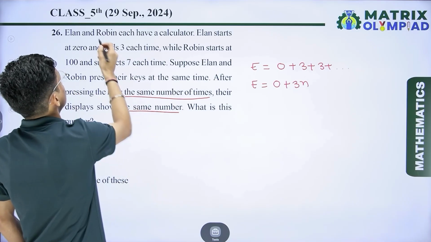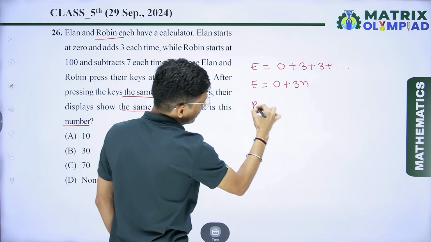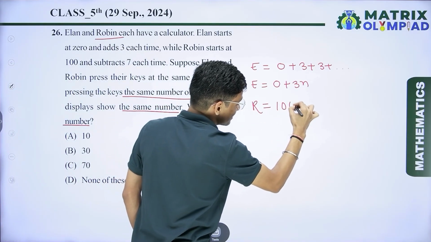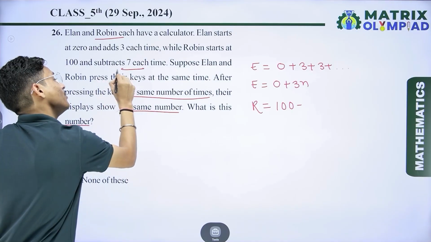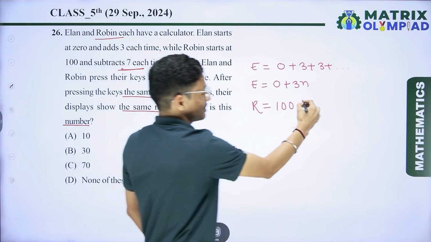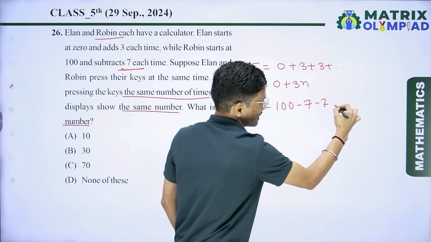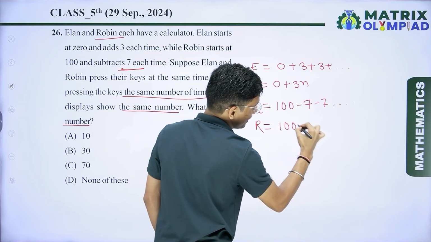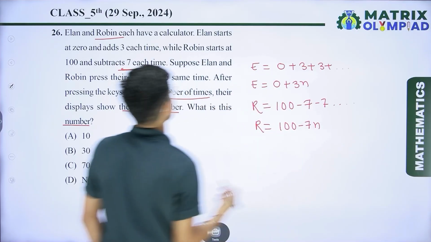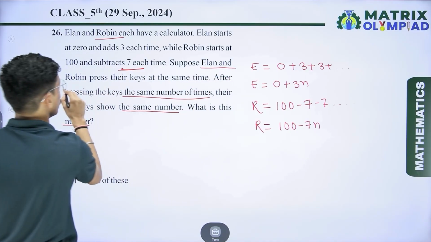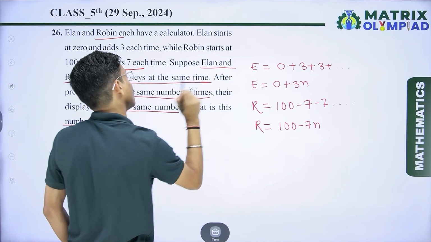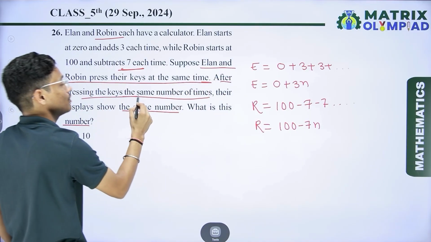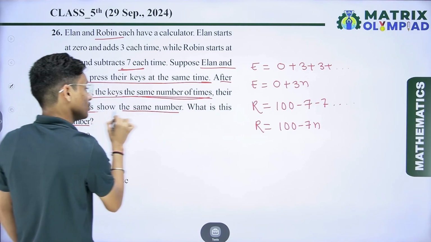Now Robin starts at 100 and subtracts 7 each time, so Robin is equal to 100 minus 7n. The question says that Alan and Robin press the keys the same number of times and their displays show the same number.